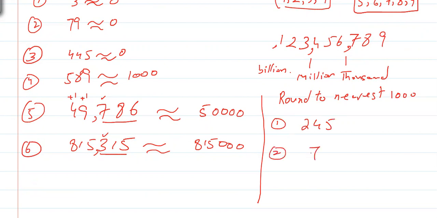The second question is 7,584. The third example is 82,219. Okay, can you round these to the nearest thousand? I'm giving you 1 minute to do that. Use your mind and the rules that I mentioned to you.